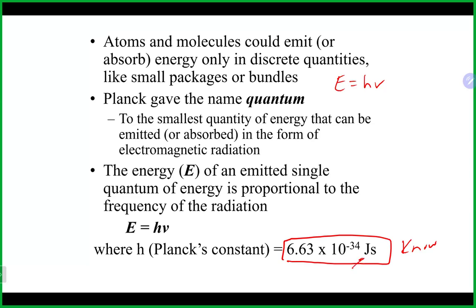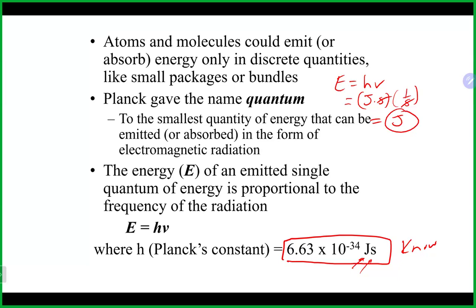So those are joules, which is energy, and seconds. And frequency here is our normal frequency, which is reciprocal seconds. So if we look at units here, this is joules times seconds times 1 over seconds. The seconds cancel. It leaves us the energy in joules. So when you use this formula, you will get energy in joules.